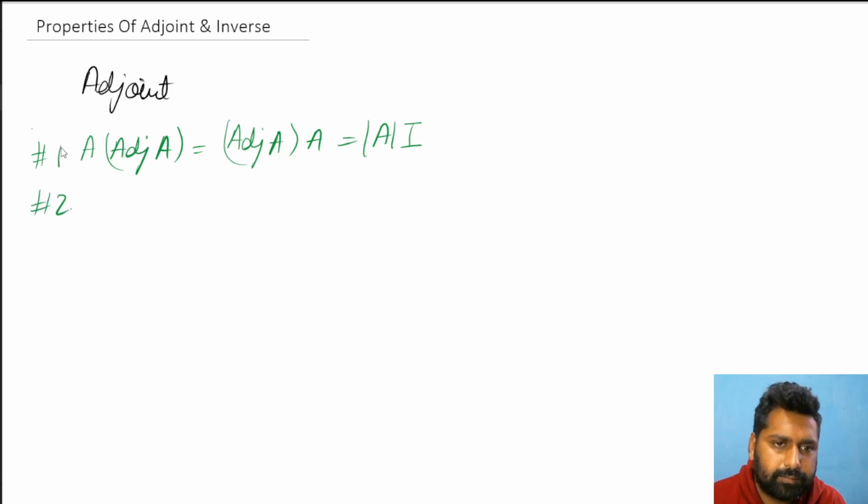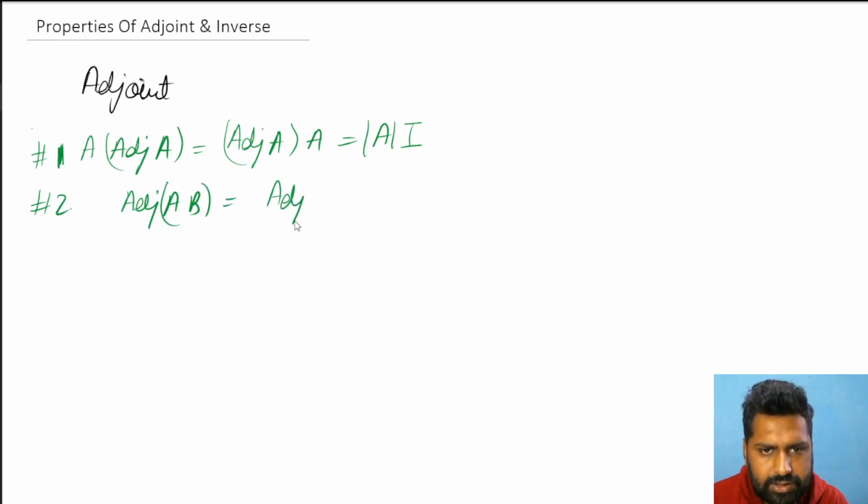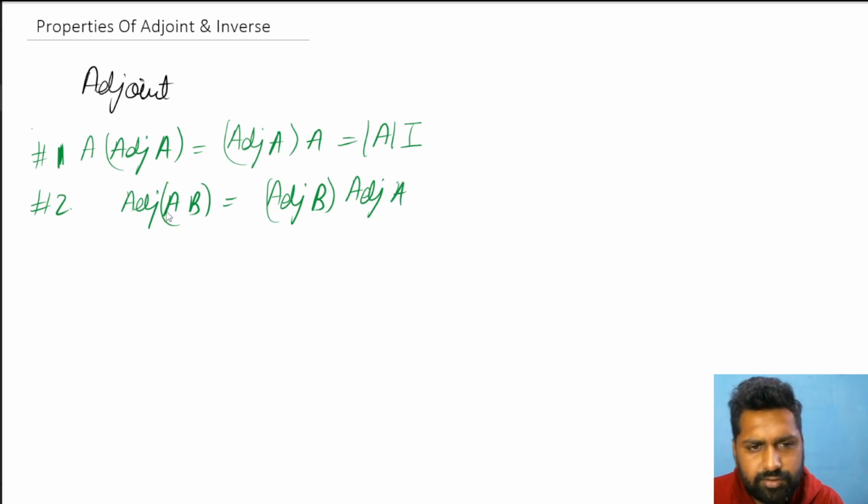Second. The second property is, suppose you do adjoint of AB, adjoint of two matrices AB. This can be broken down as adjoint B into adjoint A. Means you want to distribute adjoint over this multiplication of AB matrix.